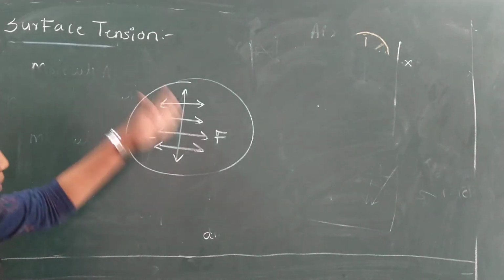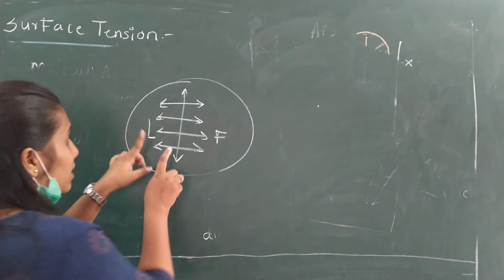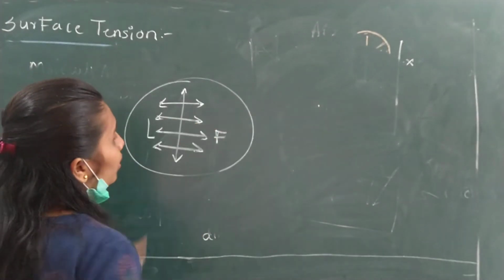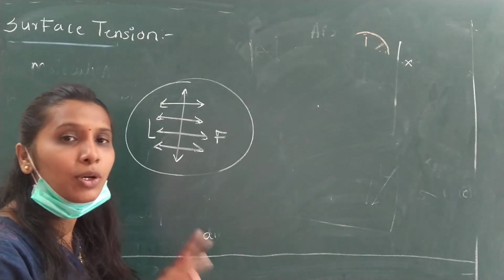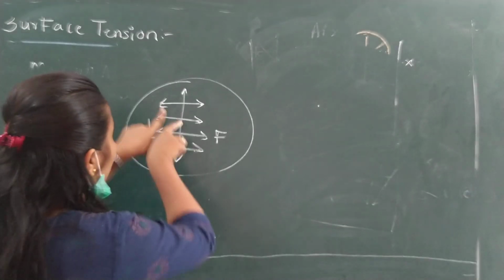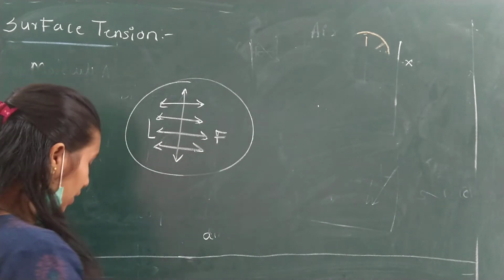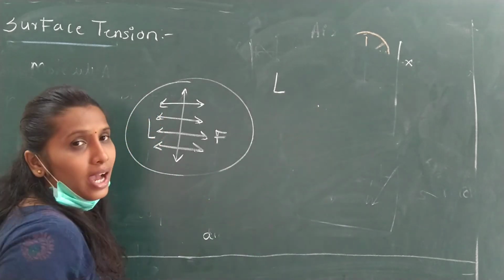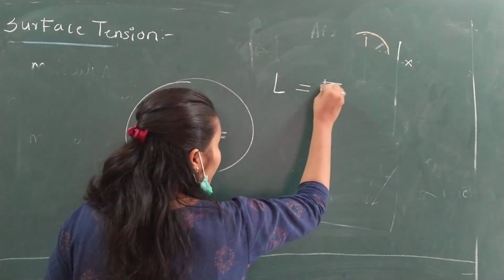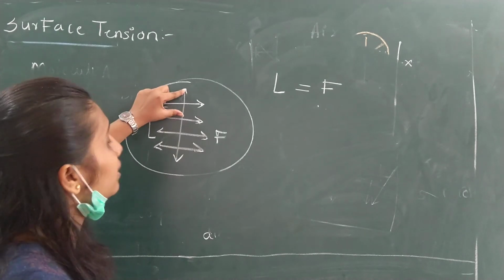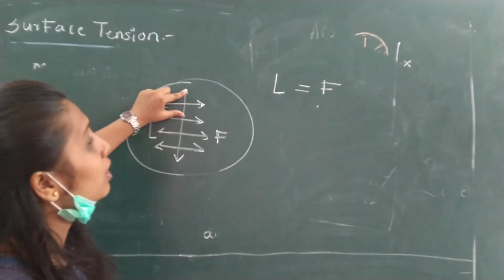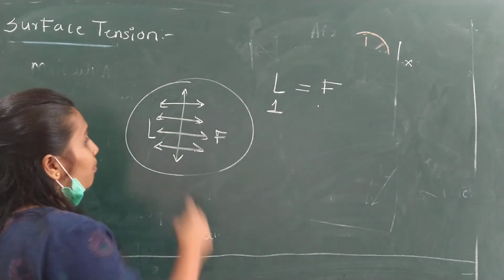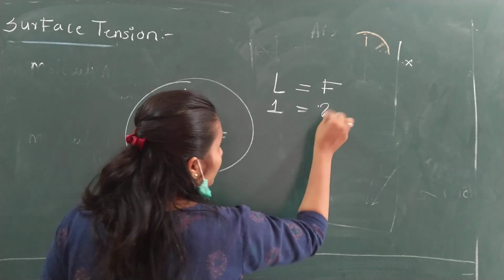Right? So I have drawn an imaginary line, it is totally imaginary. Around the imaginary line there are water molecules, and between two water molecules of the same substance there will be a cohesive force of attraction. So this is the attraction force. Now if I say for a line having length L, I have force F, then for per unit length of this imaginary line, what will be my force?